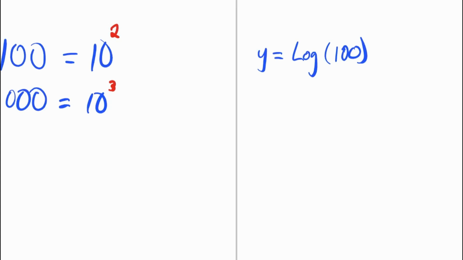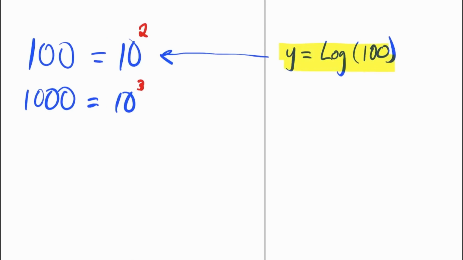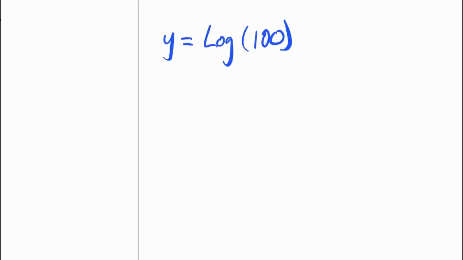So what this says and how this notation here is related to what we did over here, I will do my best to explain. When you see this expression here, and you just see the word log, that assumes that we have a base of 10. And how this reads is as follows. What exponent of 10 produces 100?